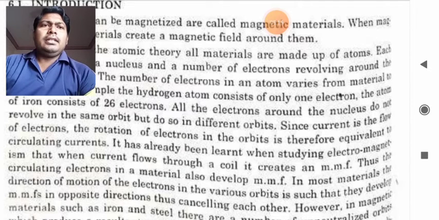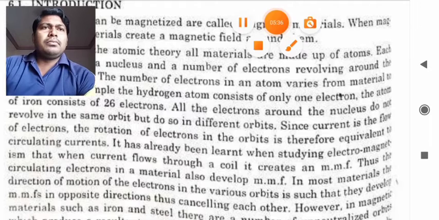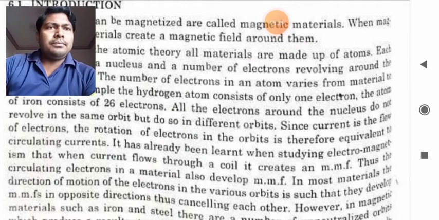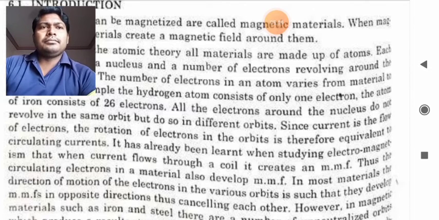It is already learned in electromagnetism that when current flows through a coil, it creates an MMF. What is MMF? It is the magnetomotive force. Thus the direction of motion of the electrons in the various orbits is such that they develop MMFs in opposite directions, thus cancelling each other.